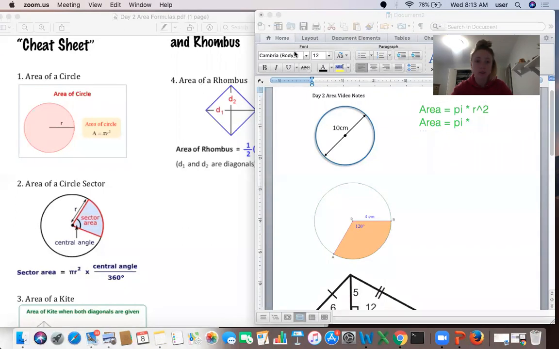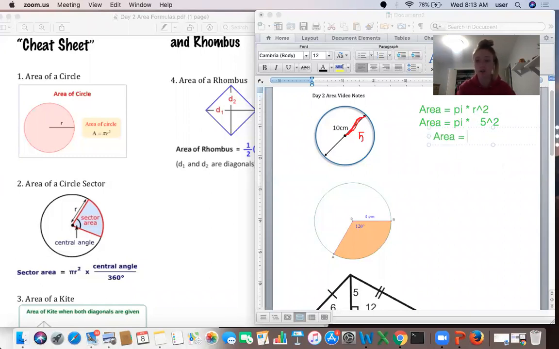Just a reminder, if my diameter is 10, radius is half of that, so my radius would be 5. So I'm going to take pi times 5 squared, and you could just do that in your calculator.